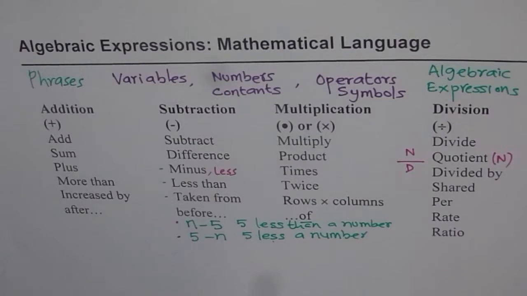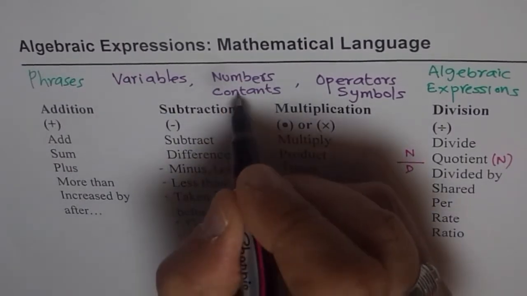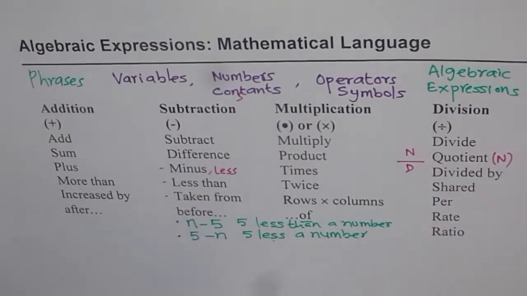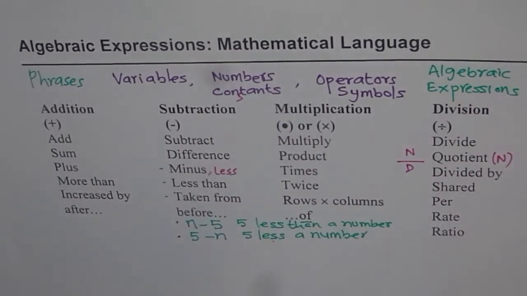Make a note of this list so that you are absolutely clear where and how you should be using these symbols to connect your numbers or constants, this is C-O-N-S-T, constants, with variables, correct? And as a reminder, whenever you are translating phrases into algebraic expressions, the first step should be to define variables.